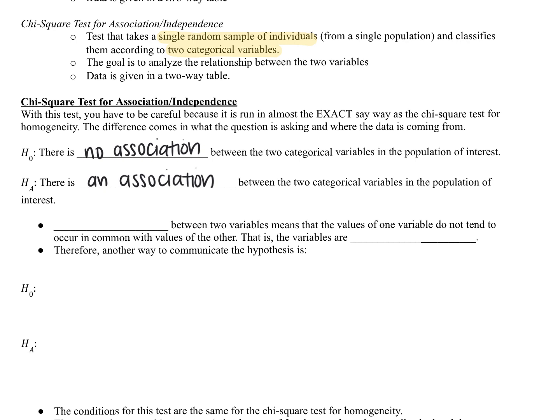So if we have no association between our two variables, that means that the values of one variable do not tend to occur in common with values of the other. That is, the variables are independent.